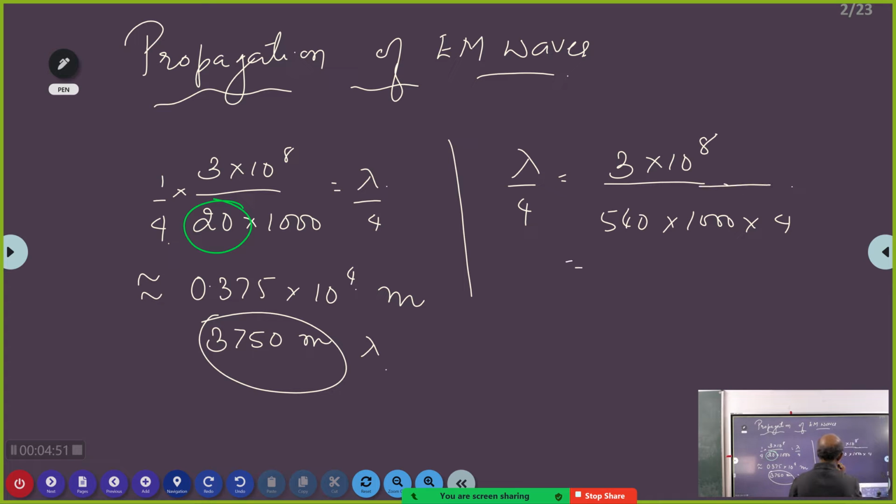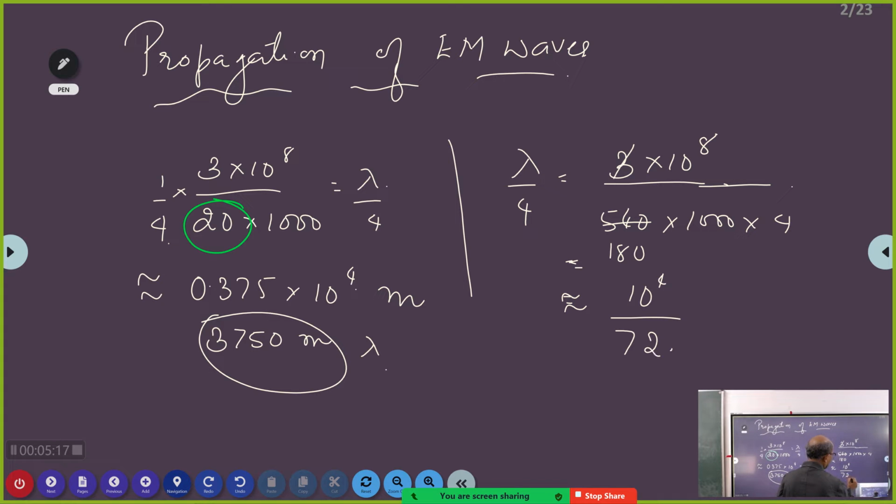Are you with me? So this becomes 3 ones are 3, 18, so 180 into 4. Here 18 fours are 72, and here 4 zeros, so 10 to the power of 4 divided by 18 into 4.